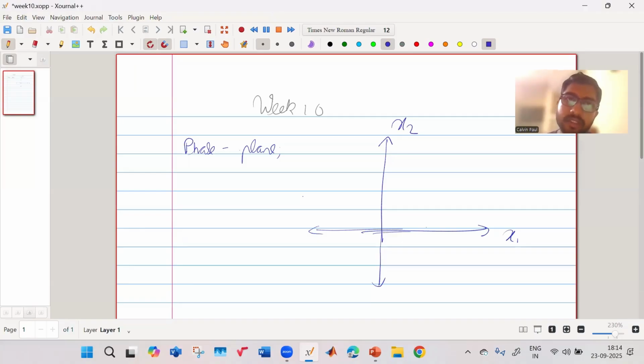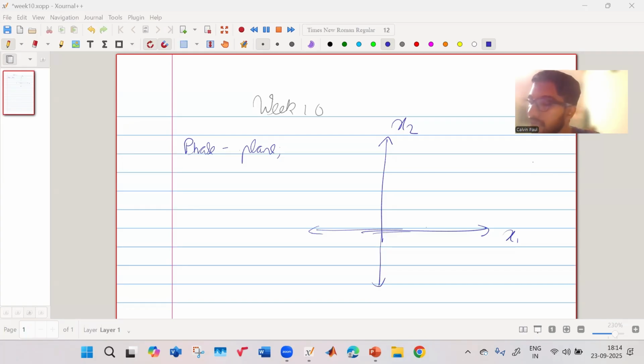Does anyone remember what the different types are? Stable node, unstable node, saddle point, then stable focus and unstable focus. Yes, correct. So there are 5 types of equilibrium points.